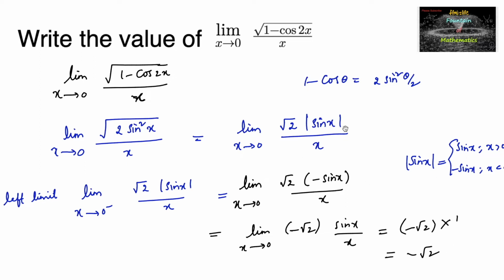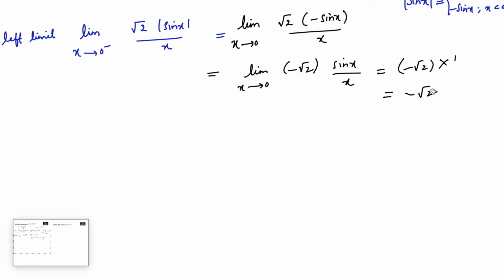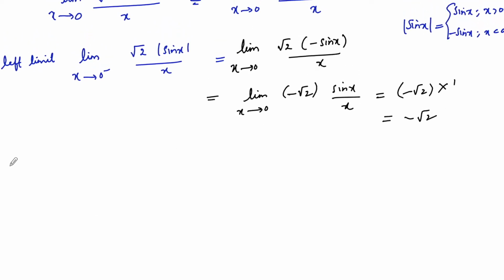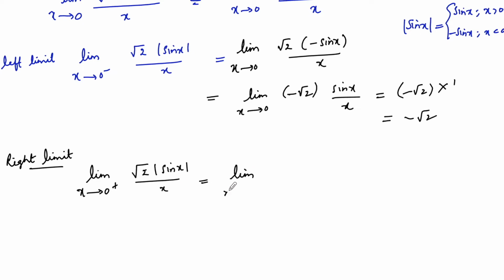And now coming to the right hand limit. Right limit, x tends to 0 plus root 2 mod of sin x upon x, which is equal to limit x tends to 0 root 2 when x is positive, means above 0, right limit means above 0, mod of sin x can be taken as plus sin x upon x, which is equal to root 2 into limit x tends to 0 sin x upon x.